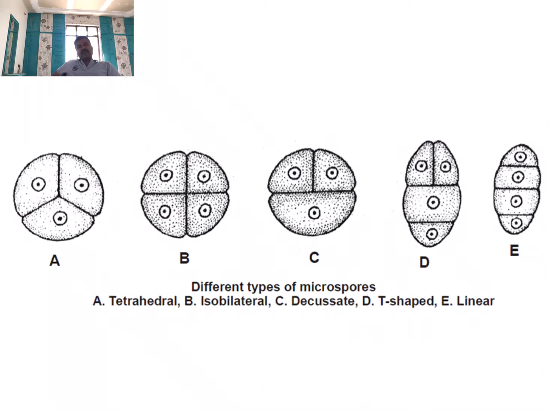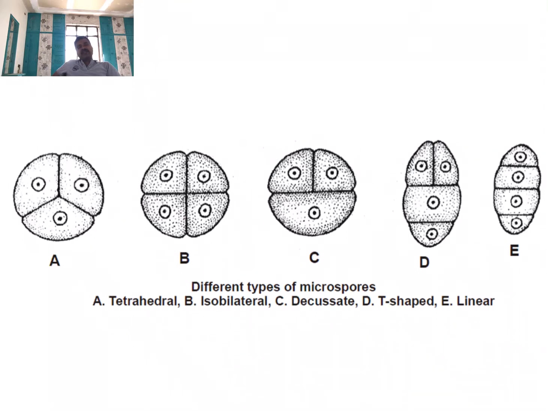Sometimes the four spores are arranged in an isobilateral manner. In the decussate type, two spores on the lower side are arranged in one direction, and the two spores on the upper side are arranged in the opposite direction to the lower ones. This is called the decussate manner.